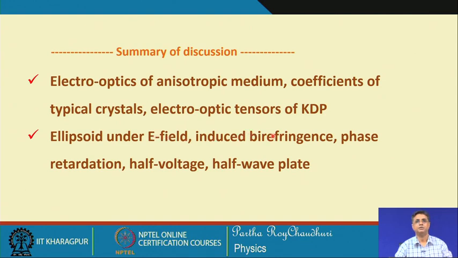In the case of longitudinal mode of operation, we estimated the induced birefringence, phase retardation, then half voltage and use of this KDP as a half wave plate. Also we compared the half voltage for KDP and K D star P. We saw that it is about 1/3 times less in the case of the high electro-optic tensor coefficient for K D star P. Thank you.